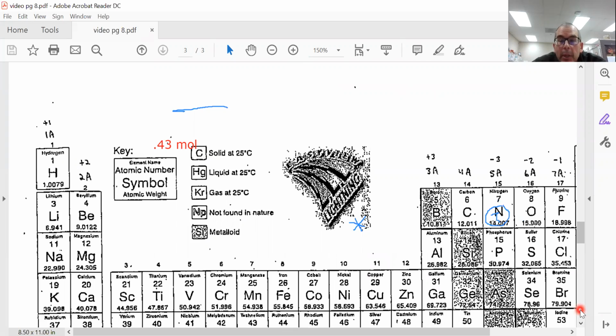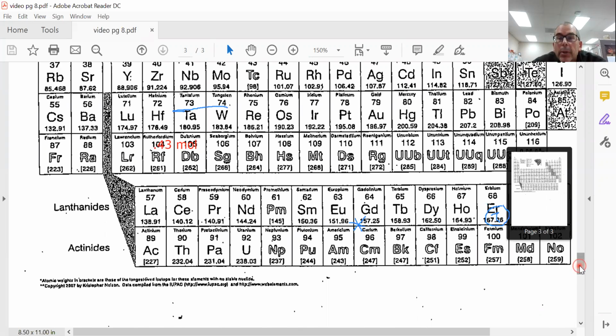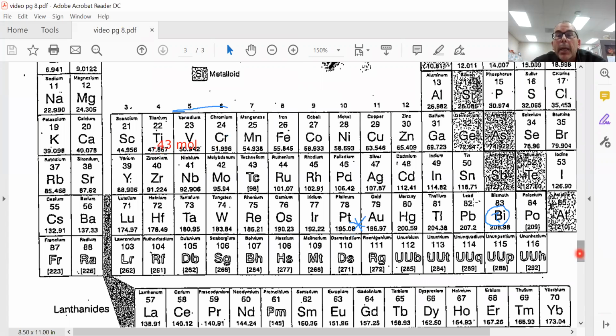Here we go. I see Cu, and it looks like it's about 63.546 grams. I could round that to 63.5 grams.